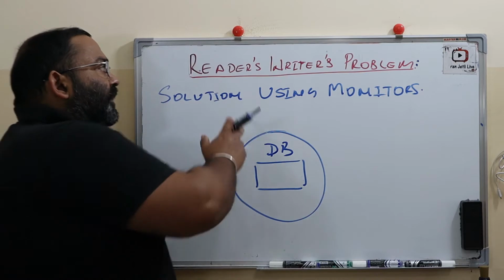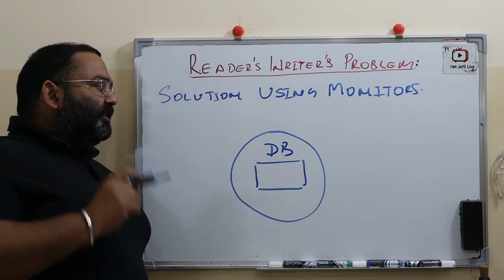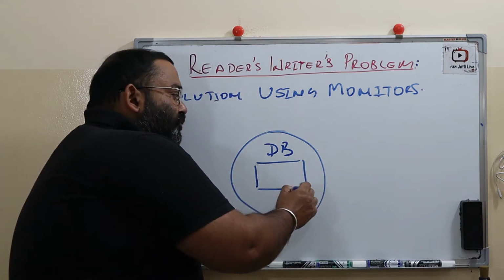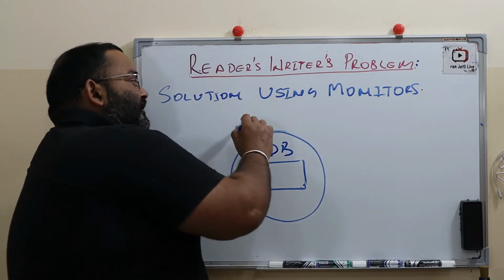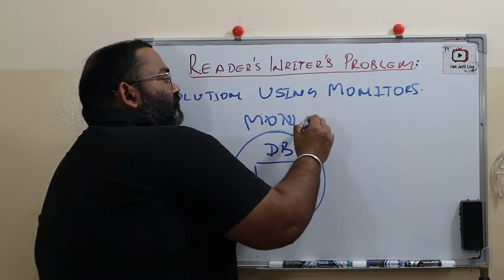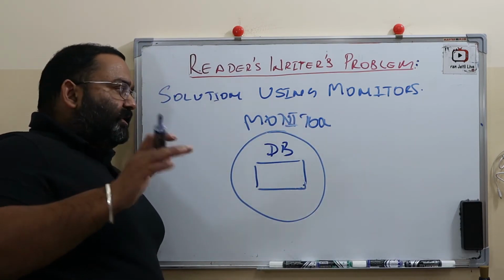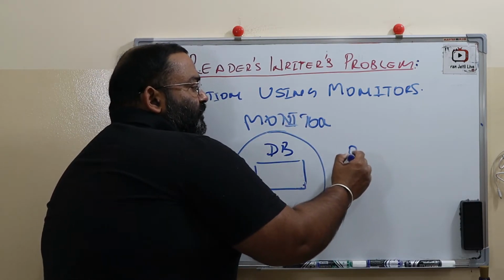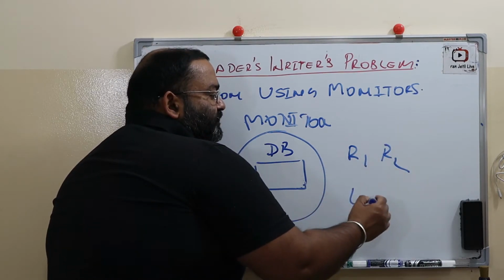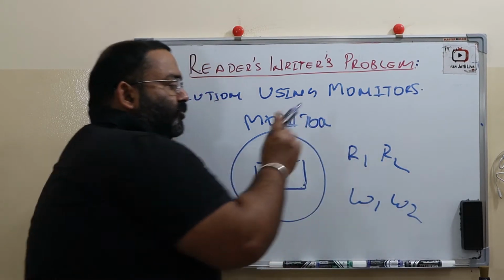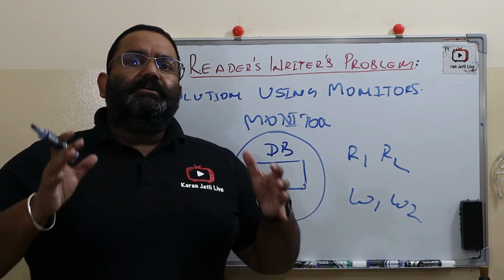So in order to solve the readers writers problem, we will put our database inside a monitor. Then that monitor will decide which thread will do the read operation and which thread will do the write operation based upon some condition.